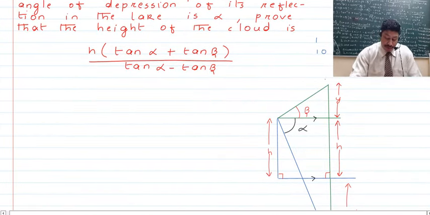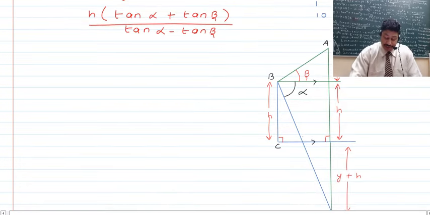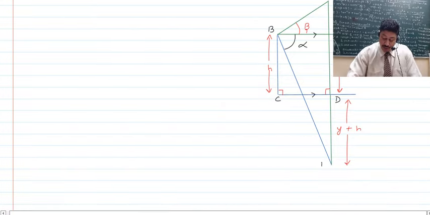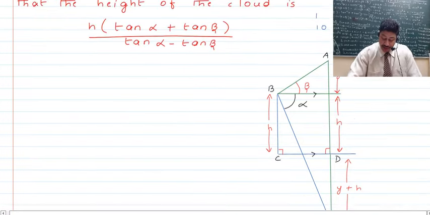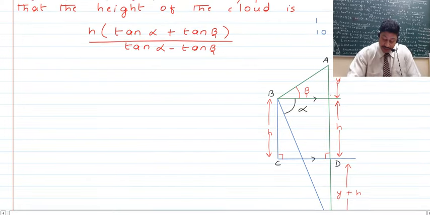Let's say the point where the cloud is A, the point of observation is B, next point C, then we have D, then we have this point as E, and further we can mark this point to be say some F, right? So these are all the strategic points which in times to come we will require in the figure.